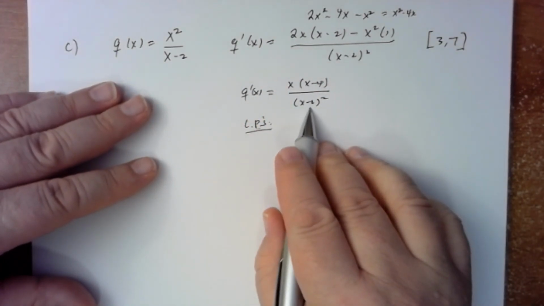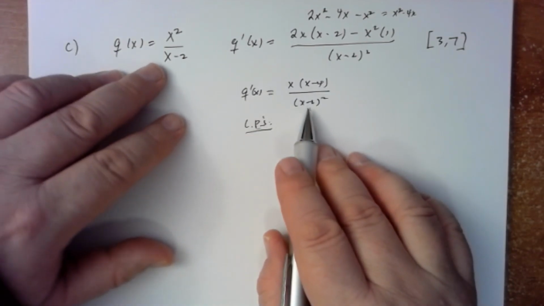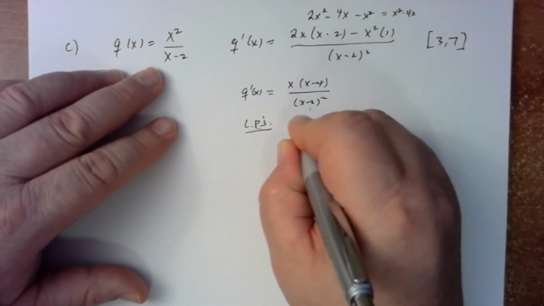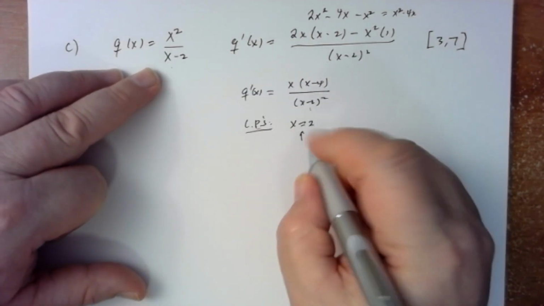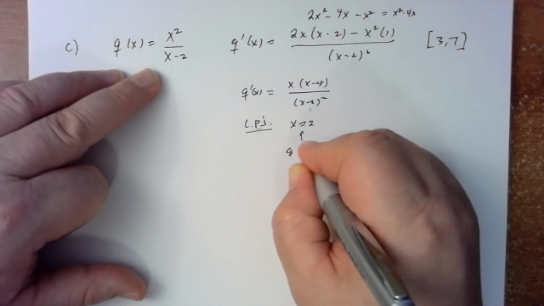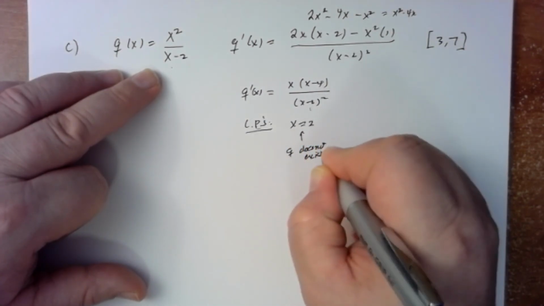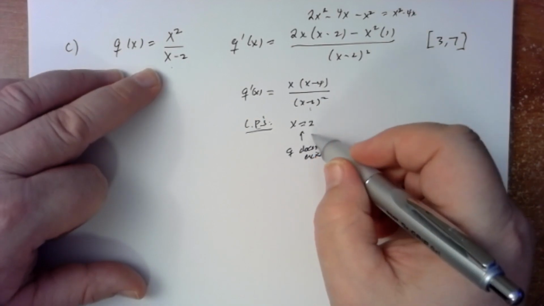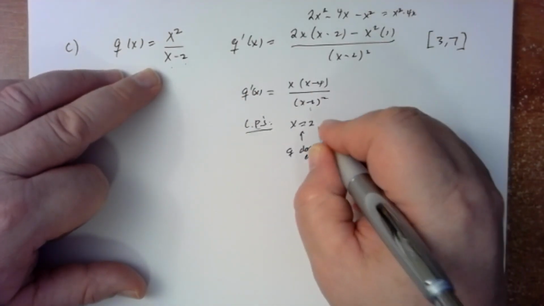Well, we have one at 2 because that makes the derivative not exist. But notice that our function also doesn't exist there. And in fact, I believe we have a vertical asymptote at x equals 2. We'll double check that.